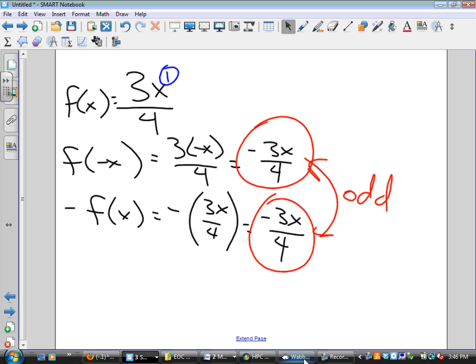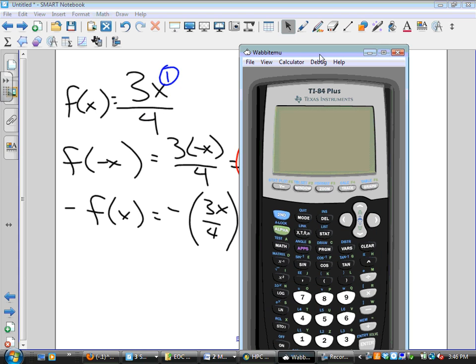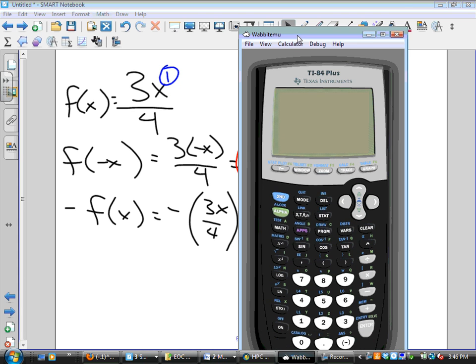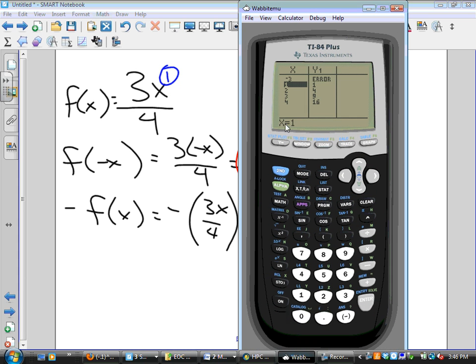So if we look at the graph of the first one, if I can get the calculator going here, y equals, it was 2x squared plus 3. If we look at the graph of that thing, notice that we have some symmetry here.